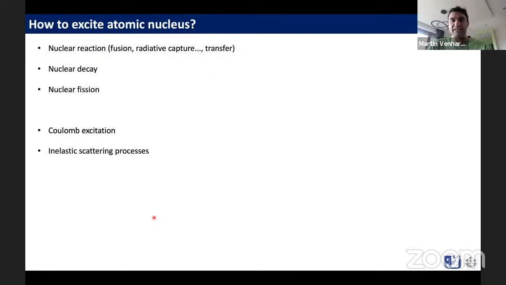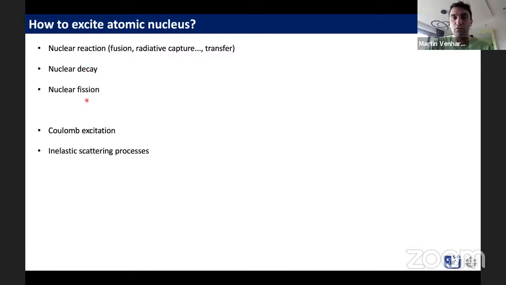Okay, how can we excite an atomic nucleus? First, we can use a nuclear reaction. Usually after a reaction like fusion, radiative capture, or a transfer reaction, the resulting nucleus is highly excited and emits gamma rays. Then there is nuclear decay. If one nucleus decays to another one, very frequently the daughter nucleus is in an excited state.